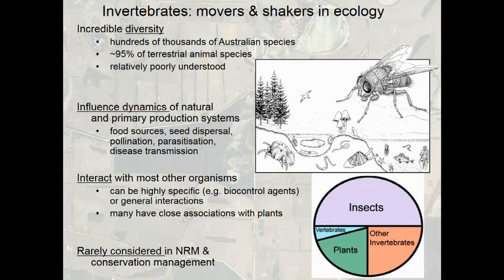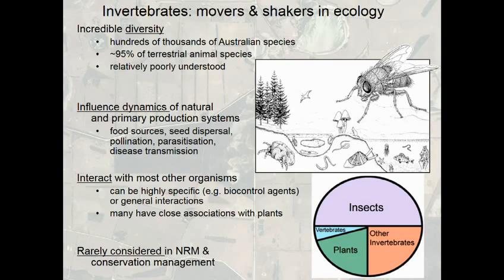It's important that many have close associations with plants. Most of the plants you can think of will have different insects on them, and most parts of the plant will have different insects on them. For example, lots of insects eat seeds, some concentrate on roots, etc. So there's significant capacity to manipulate these systems to change the invertebrates in them.